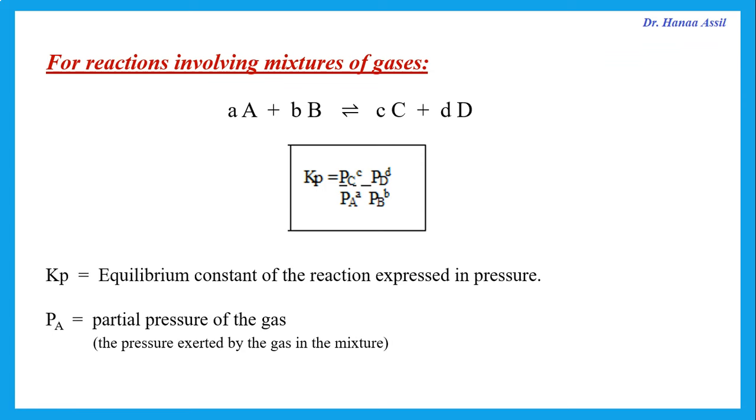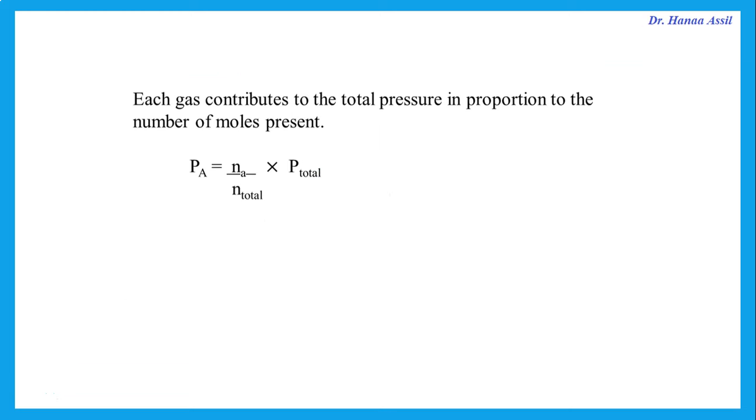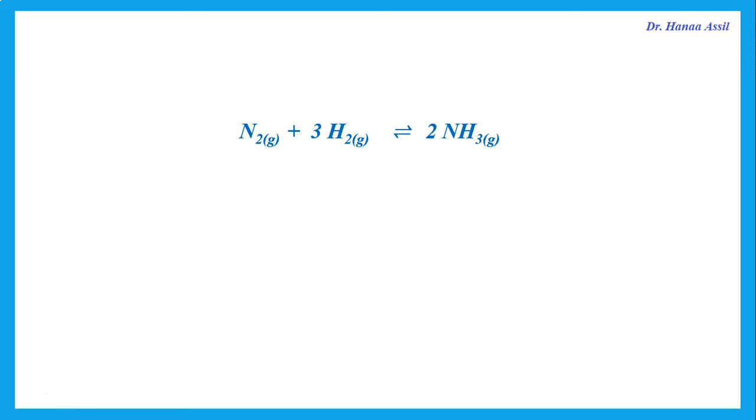So Kp is the equilibrium constant for pressure, and the P of anything is the partial pressure of that gas. Now, how do we calculate partial pressure? You should know that the partial pressure of each gas is the number of moles of the gas over the total number of moles times the total pressure. That will give the partial pressure of each individual gas.